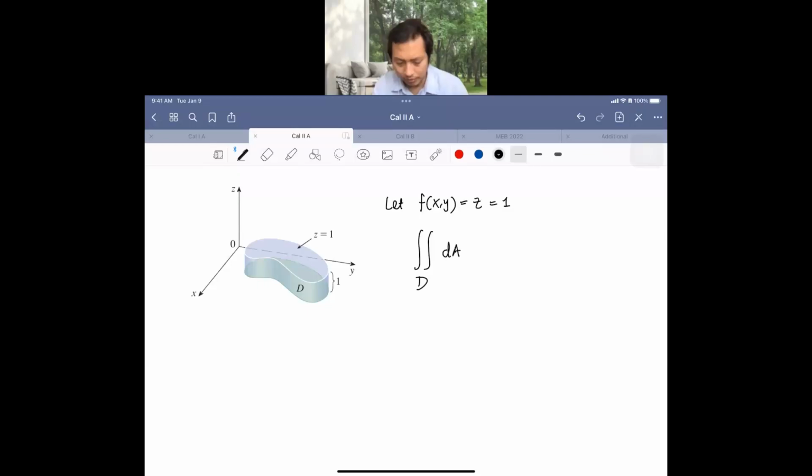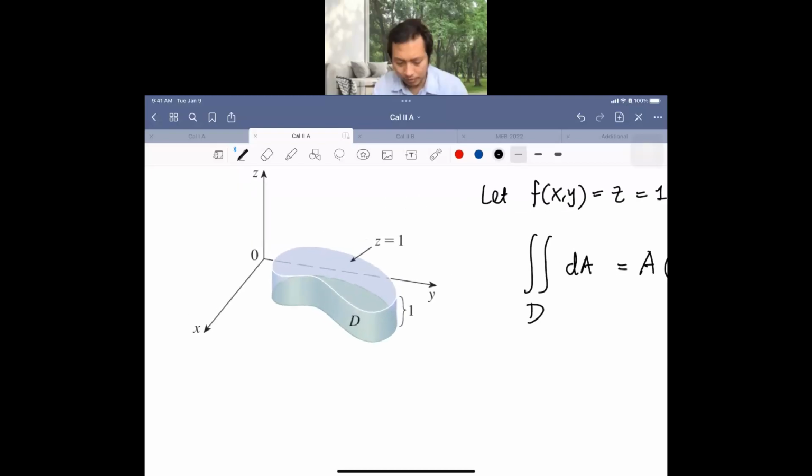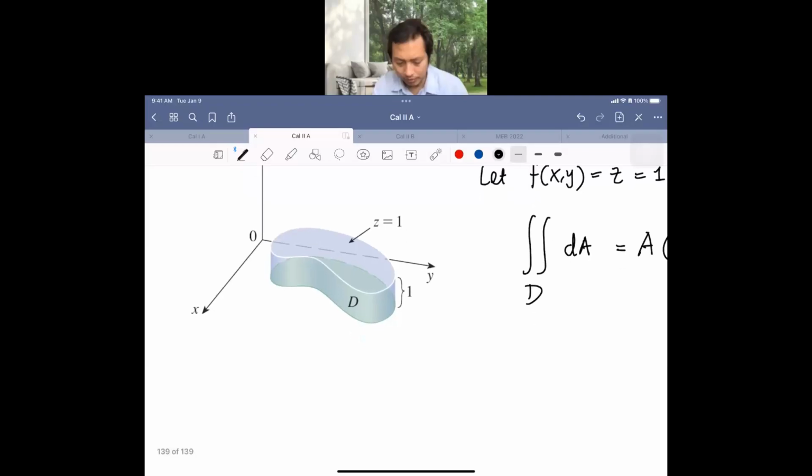So what's the implication of these equations? The implication is that if we evaluate this, it will be equal to the area of D. If we look here, the height is 1.